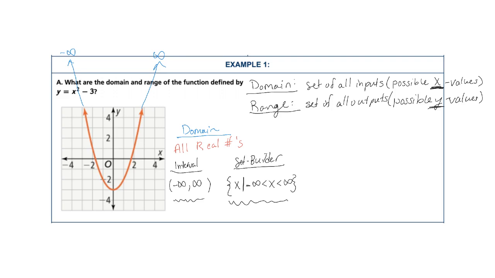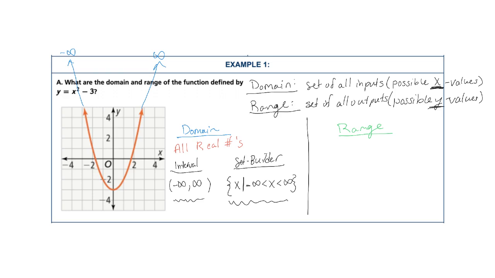Okay. Now, we're going to have to go through the range. All right, we know our range is the set of all outputs, so the possible y outputs.